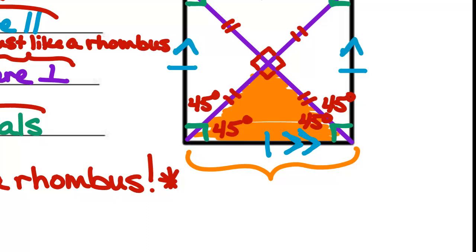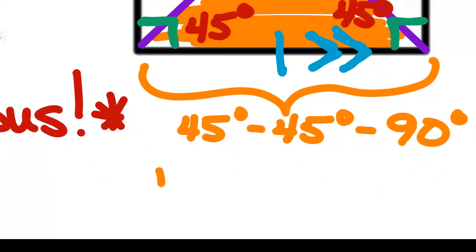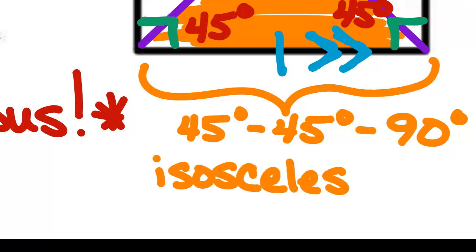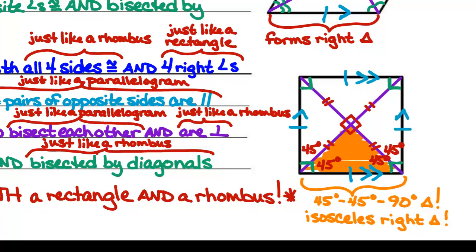We have a 45, 45, 90 triangle down here, which is the same thing as an isosceles right triangle, because we have a right angle here at the center, and then 45-degree angles in those 2 bottom corners.